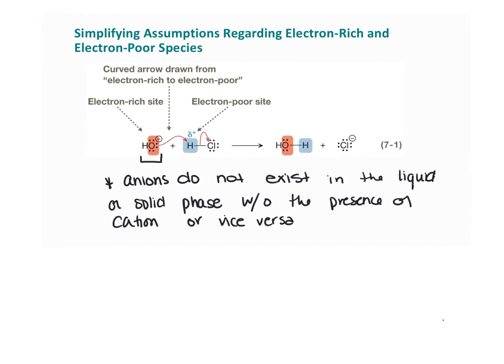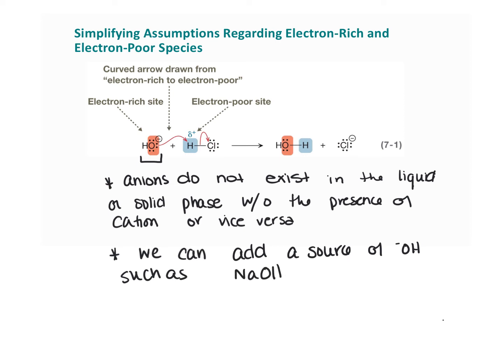However, we can add a source of OH minus, such as sodium hydroxide. Sodium hydroxide is an ionic compound, so when we dissolve it in solution, it's going to form Na plus and OH minus.